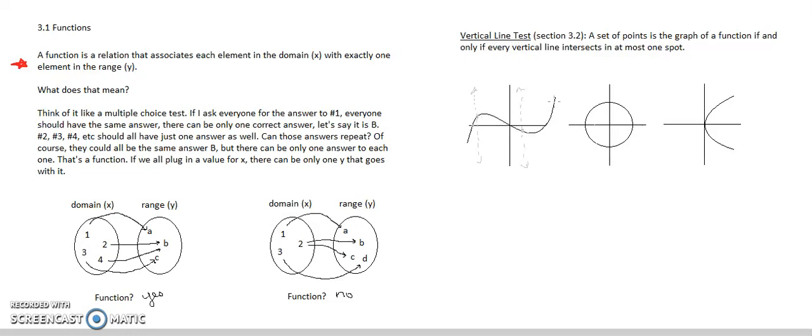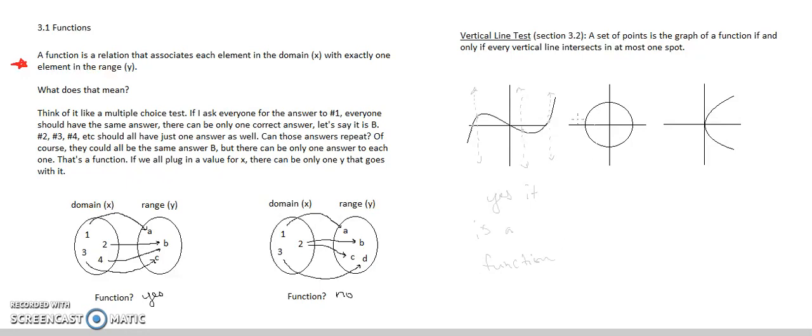Even over here, if it starts to look like it's going vertical, these graphs almost never ever go vertical. It would have to be a special case. So even if it looks like it's going vertical, if you were to zoom in, it wouldn't be, and it's still only going to intersect in one spot. Okay, so we only intersect in one spot, so is this a function? We would say yes, it is a function.